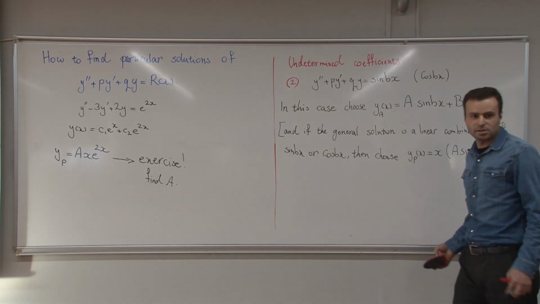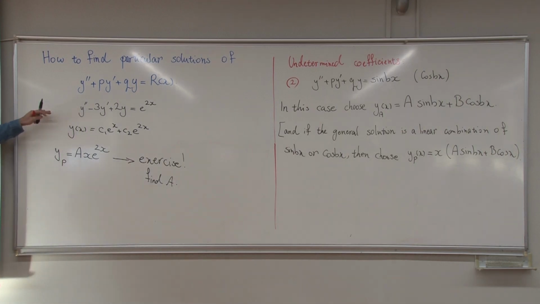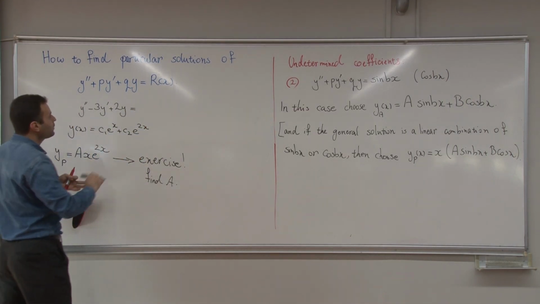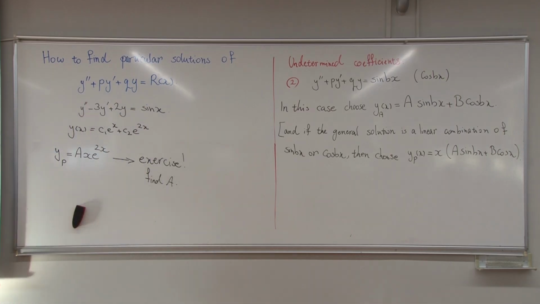What do I mean by this? You look at this, again we have this kind of an equation, but this time instead of e to the power of 2x, we have, for instance, sine of x. Okay?